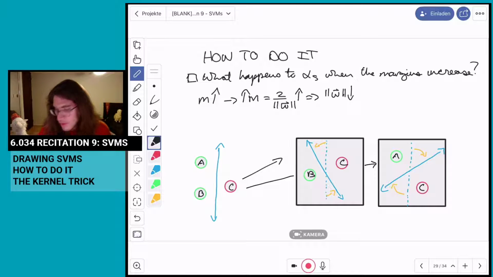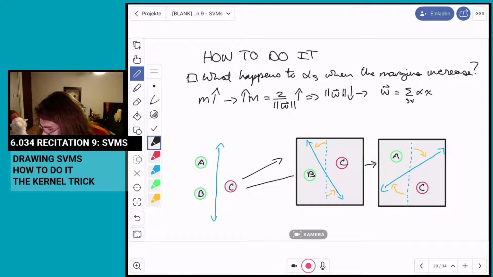But then we also had the equation that W is equal to the sum over support vectors of alpha x y. So if this decreases, this also must decrease.